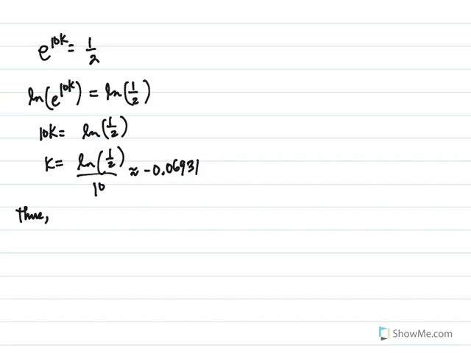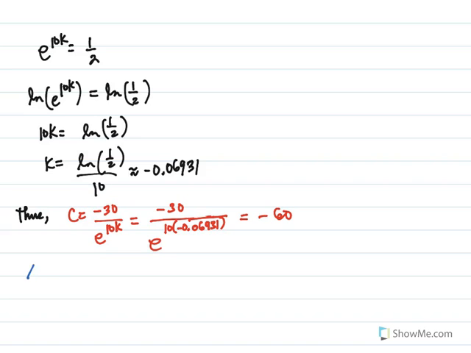Thus, using our equation 1 or equation 2 na derive natin kanina, we can solve for C as, let's say, ginamit ko yung sa equation 1, negative 30 over e to the 10k. So that's negative 30 divided by e raised to 10 times negative 0.06931, which is equal to negative 60.